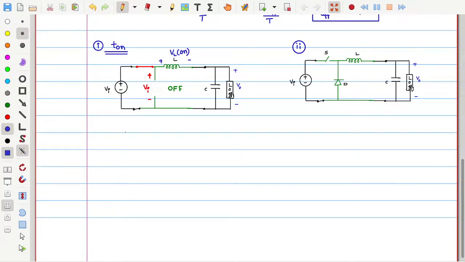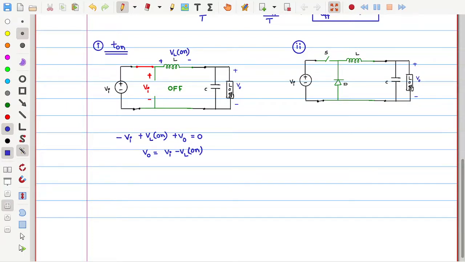Simple KVL will simplify these equations: minus Vi plus VL during the on time plus V naught is equal to 0. So we can see that V naught is equal to Vi minus VL during the on time.